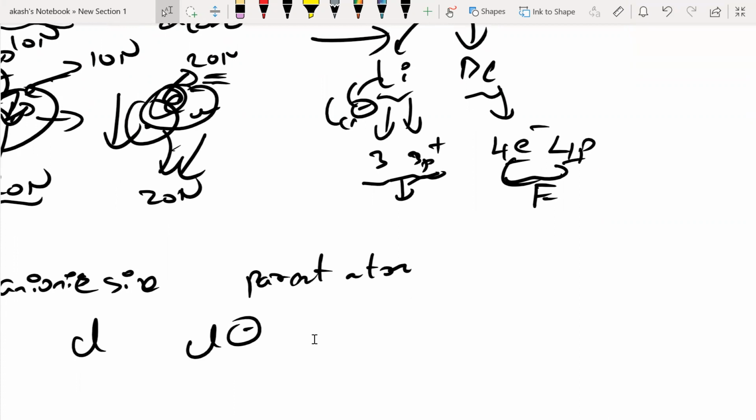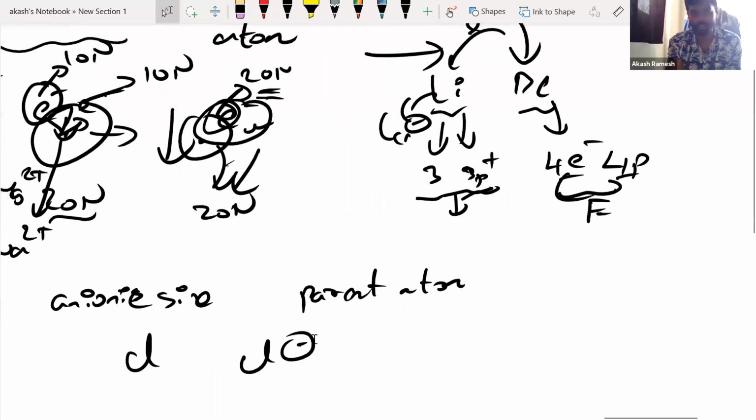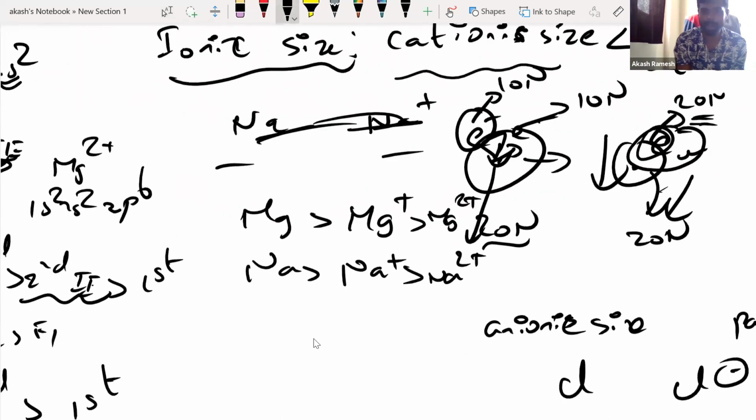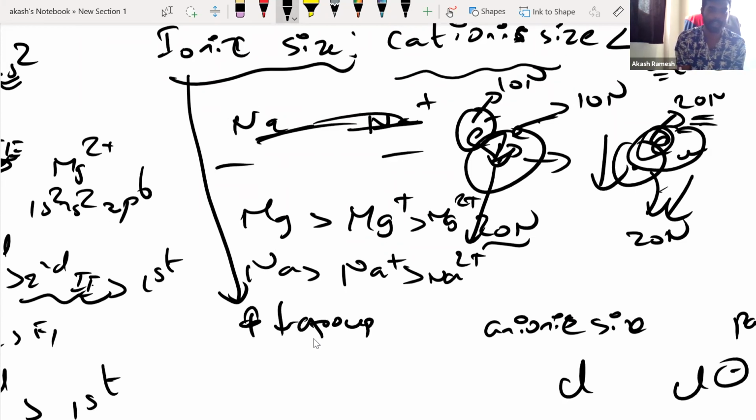Sir, so Mg plus won't have same size as sodium atom? No, it's not like that. Between the parent atom and the cationic size, the parent atom is having more size. But ionic size exactly follows the same trend as atomic size. That means down the group it increases, and along the period it decreases.